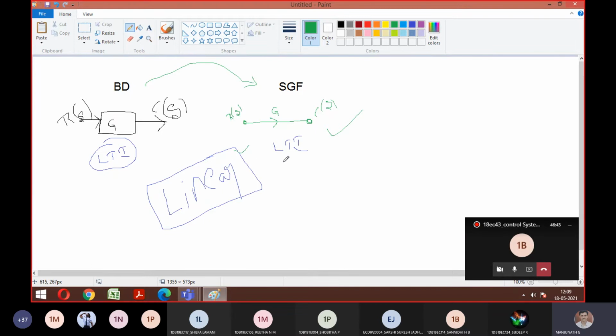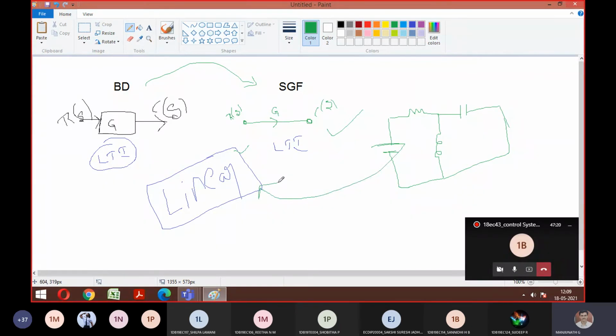With respect to networks, what type of linearity are we discussing? If you take any electrical network, it involves three passive elements, R, L, C. If I apply voltage to this, do you think the values of the resistor, capacitor, inductor will change? No. That is called a linear system.